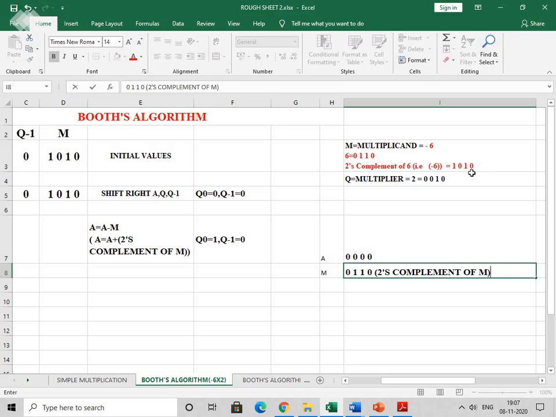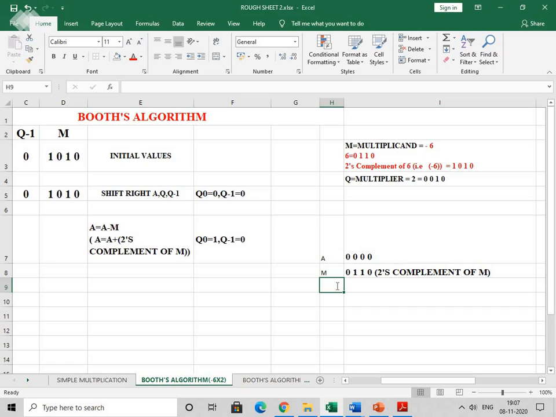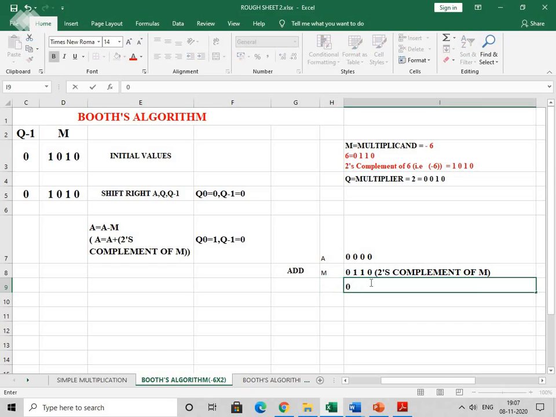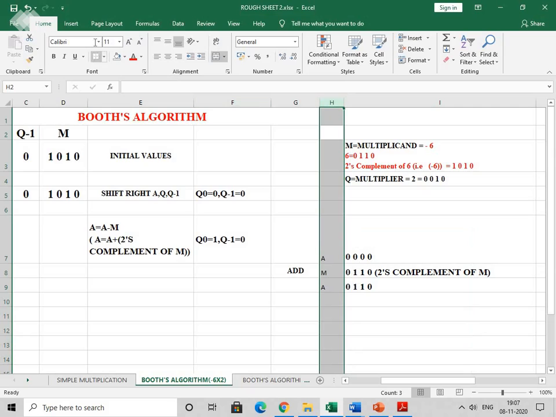It is 1010. So 2's complement of M will be 0110. So here I will do the addition, right? And I will get the answer as 0110. So this is the actual value which I am going to store into register A.